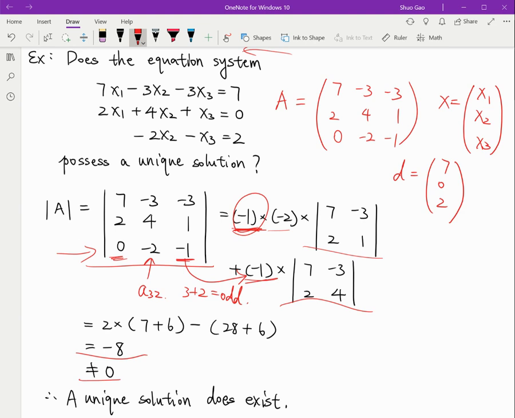So the determinant of A is not 0. It means that there is a unique solution, right? If the determinant of A is 0, then there's no unique solution. And if it's not 0, that means that A has an inverse. And so a unique solution will exist for this question.